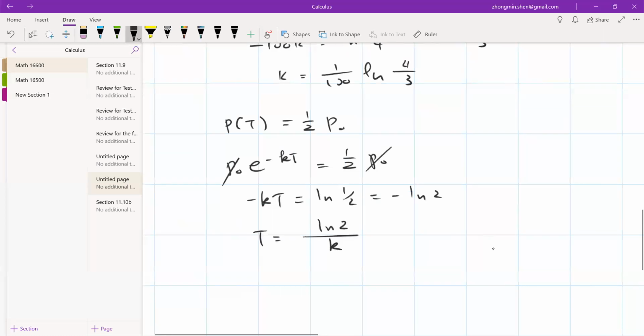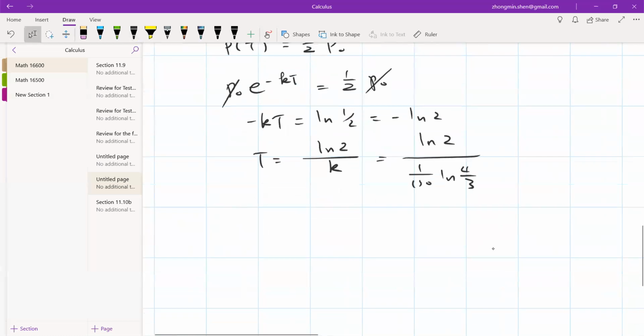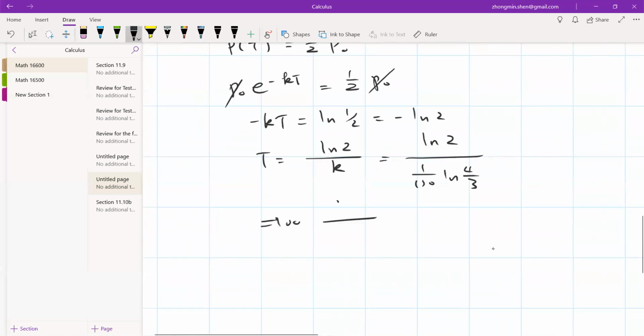All right, so now you see my motivation for finding k, because k is in this formula. So it's natural log of 2 times 100 over natural log of 4 over 3. You have to simplify a little bit, so it's 100 natural log of 2 over natural log of 4 over 3.